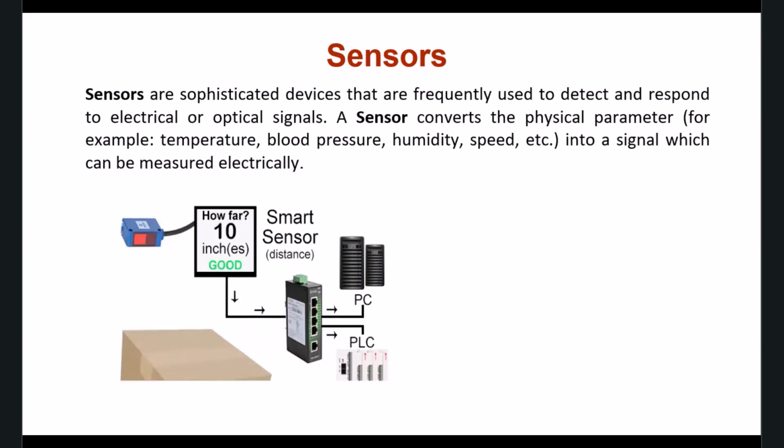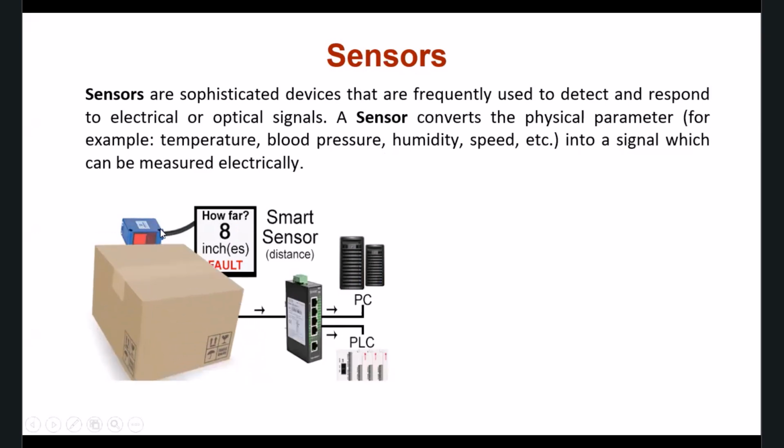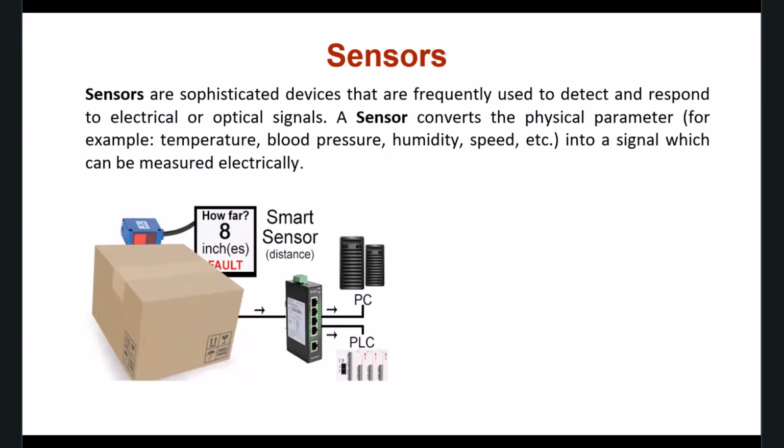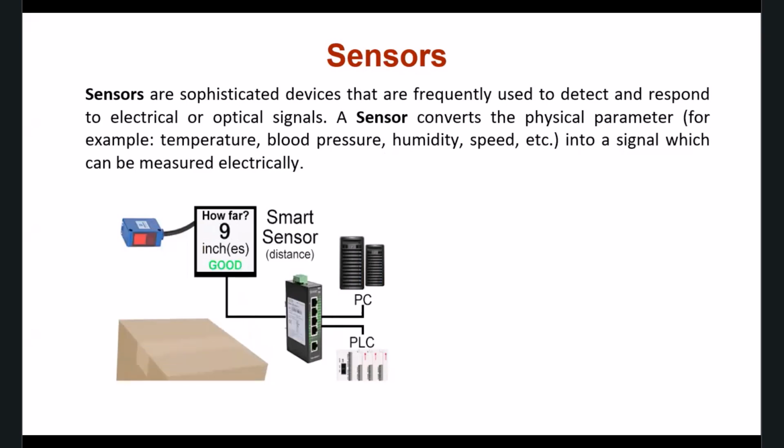Similarly, take an example. The example is given here. You can watch this. In this, some article is going from one place to another place, and there is a sensor here. The blue one is the sensor that is sensing and telling us how far that particular box is. So to measure the physical quantity, that is distance, we have some sensor available.